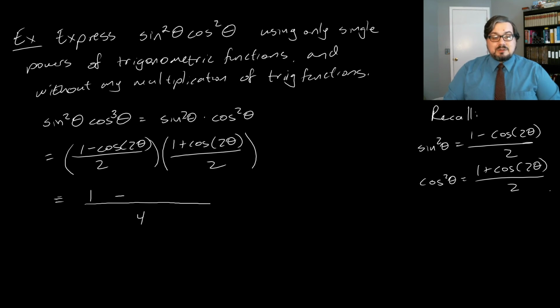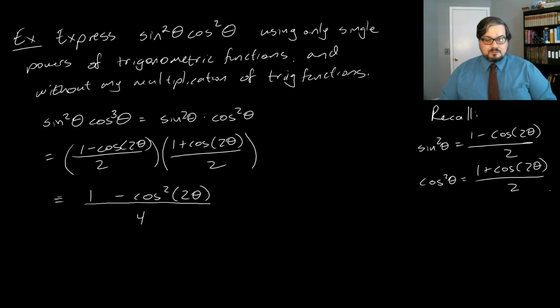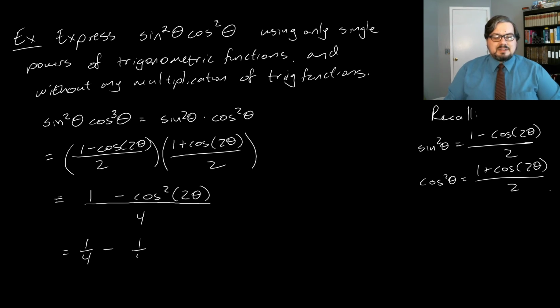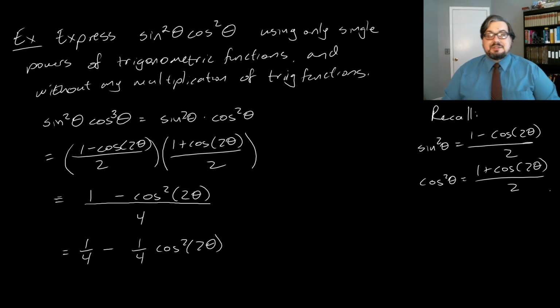Those will cancel out, and we'll just be left with minus cosine 2 theta squared. So we get 1 minus cosine squared 2 theta, which we can write as 1/4 minus 1/4 cosine squared 2 theta, because that'll be helpful for what we're about to do next.